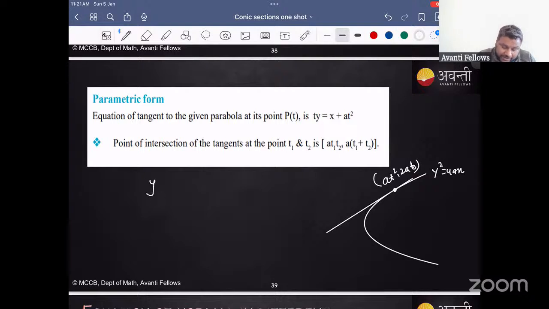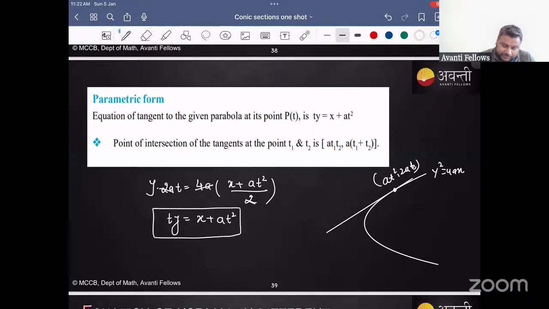So y into 2at equals 4a times (x plus at square) upon 2. Got it? So the 2a, this 2 and this 4a cancel. So it is ty equals x plus at square.